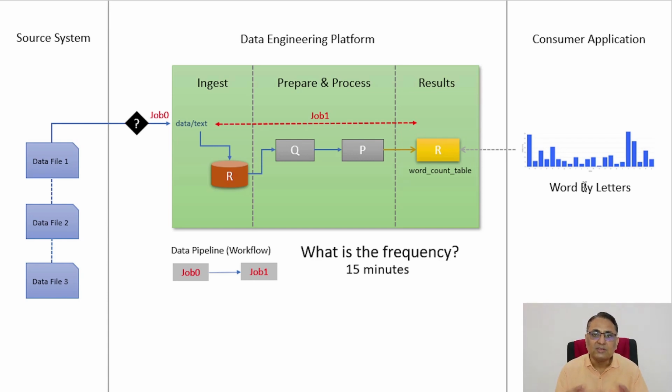How do you translate this word count solution into a stream processing solution? And if we don't, then what are the challenges we are going to face while reducing the frequency from 15 minutes to maybe 1 minute or 1 second or less than a second?